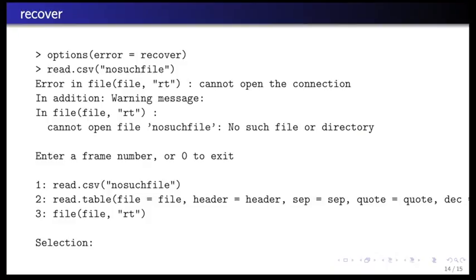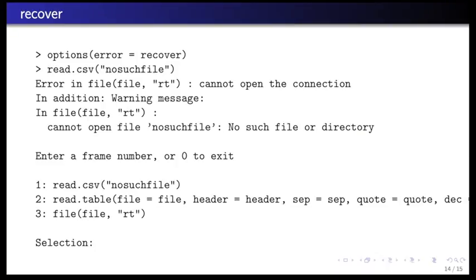Remember, read.csv is just a wrapper for read.table. So read.csv called read.table, and then read.table called the file function because it wanted to create a file connection with my file. No such file, and when it tried to create that file connection, obviously it couldn't find the file, and that's where the error occurred. So the error occurred at this third level in the function call stack.